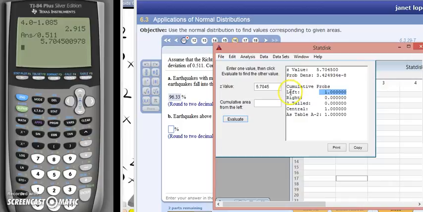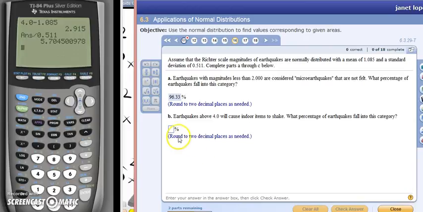So you just get 1 minus 1.000 to get to the right, so that you know what the score is for the right. The cool thing about StatDisk is that you don't have to subtract; you just look here and it'll tell you exactly what that is. However, if you don't have StatDisk, then you do have to do an extra step, which is the 1 minus.